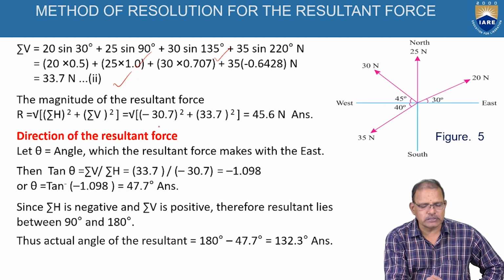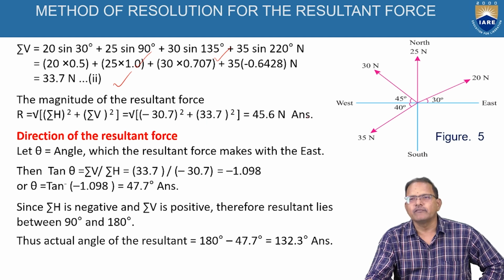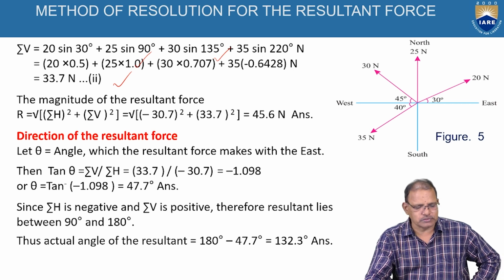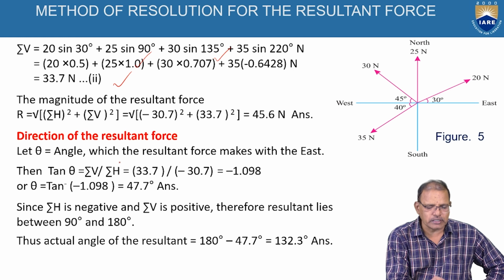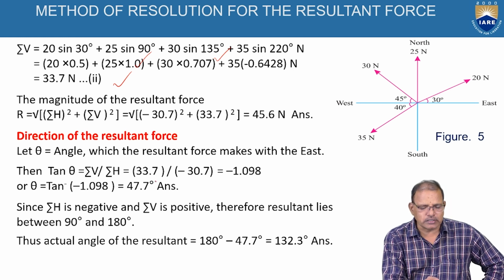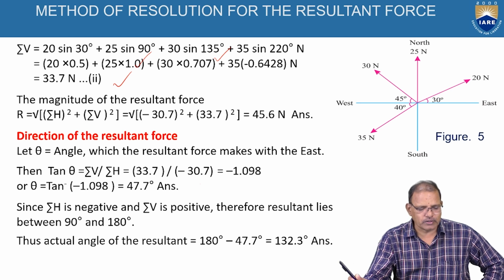Hence, the square root of minus 30.7 squared plus 33.7 squared is equal to 45.6 newtons. This is the magnitude of the resultant force. The direction is given by tan theta equal to sigma V divided by sigma H, which is 33.7 divided by minus 30.7, equal to minus 1.098, or theta is equal to 47.7 degrees.